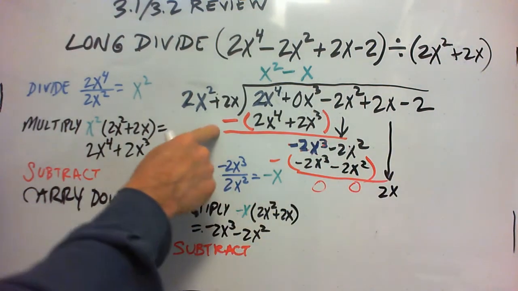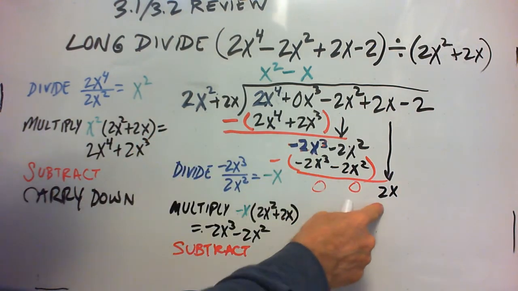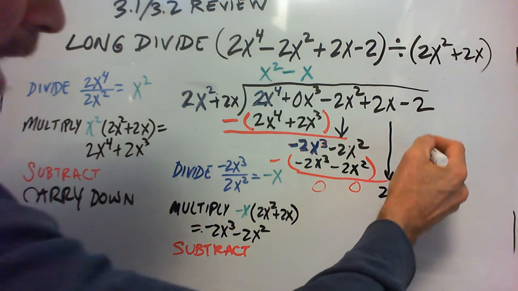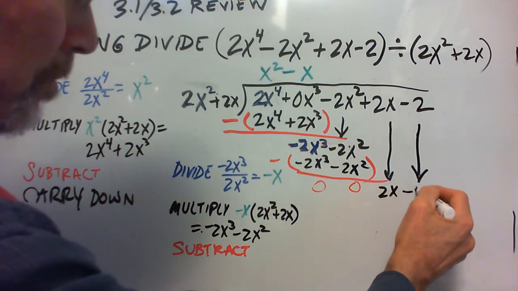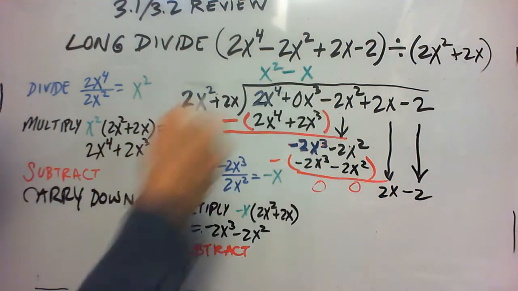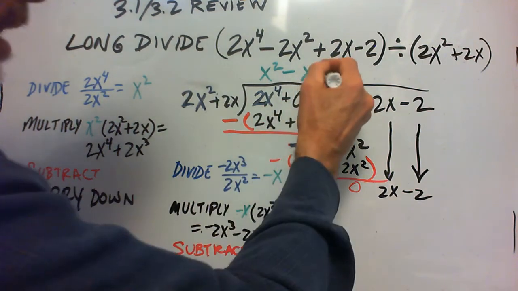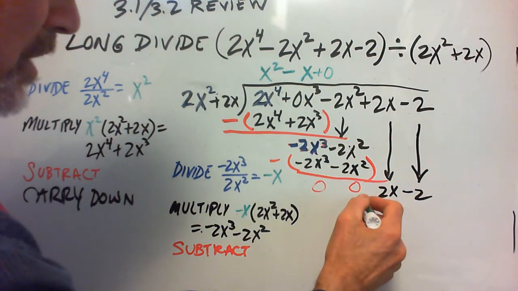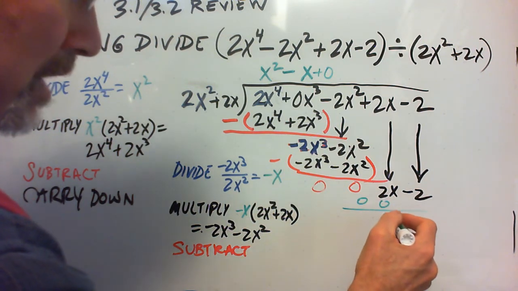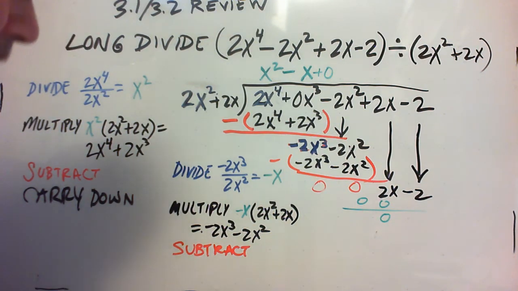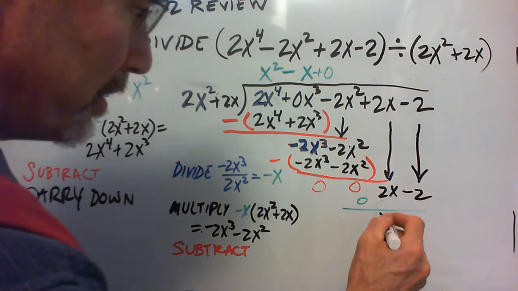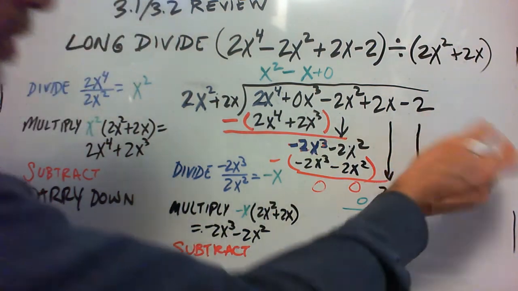Well, we cannot divide 2x squared into 2x. So we cannot get another answer. And then we also have to carry down the minus 2. So I mean, you could write up here plus 0 and then get zeros underneath there and subtract, and then get a 2x and carry down the minus 2 in another step.